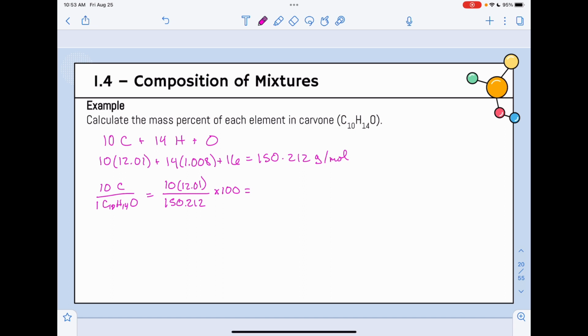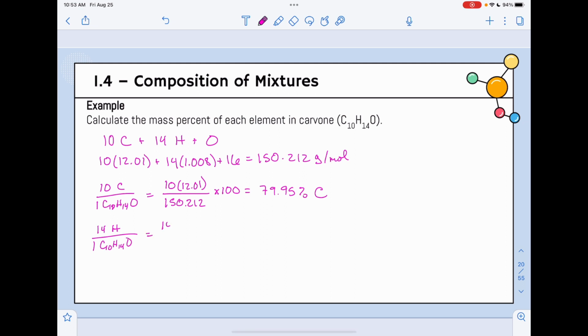So when I do 10 times 12.01 divided by 150.212 times 100, I get 79.95% carbon. And then I can do the exact same thing for hydrogen and oxygen. So I've got 14 hydrogens for every 1 carvone.